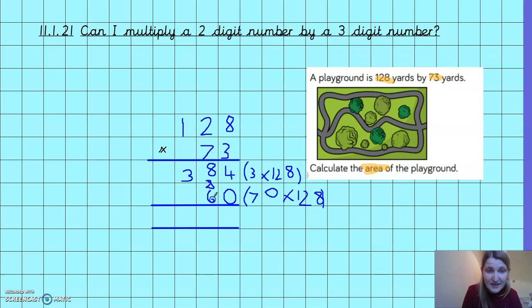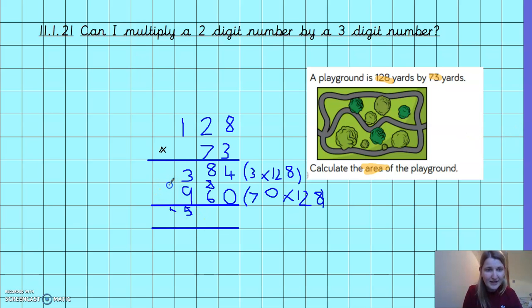So I'm going to put my 6 here. Carry my 5 over. 7 times 2 is 14 plus the 5. That's going to be 19. Put the 9 there. Carry my 1. And then 7 times 1 is 7 plus the 1 is going to be 8. So the answer there is 8,960. Sorry, that should have been within that square there, shouldn't it? Should we do it again?